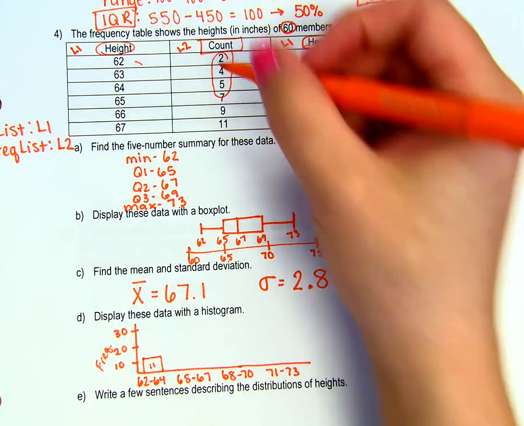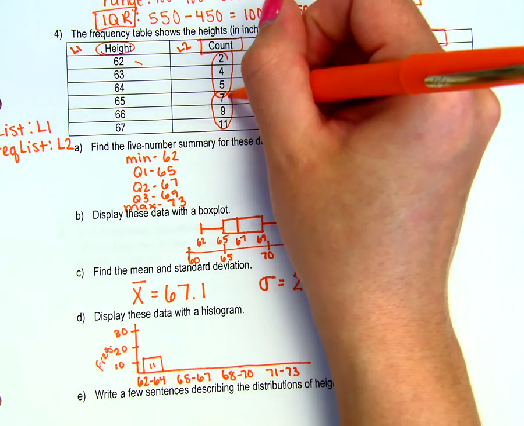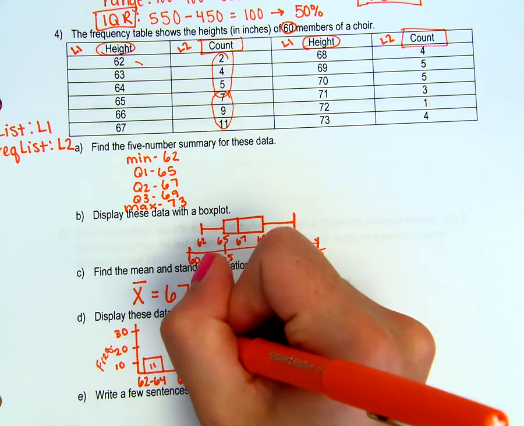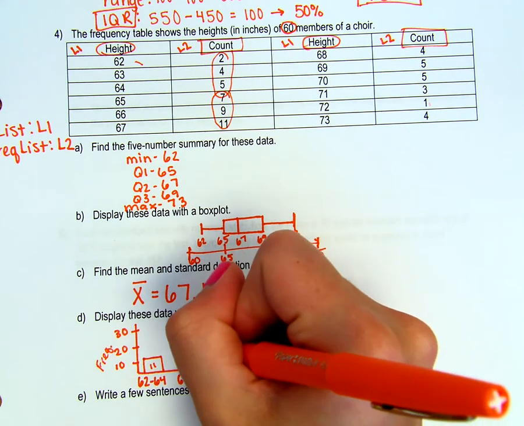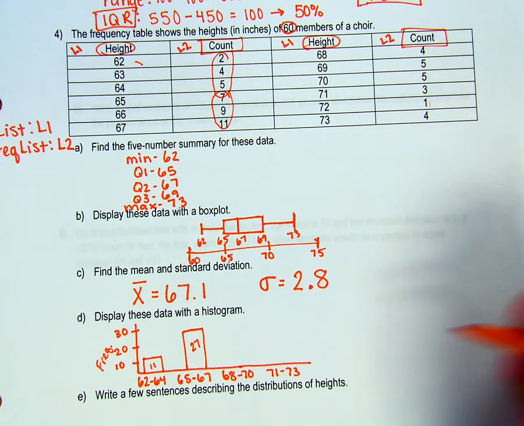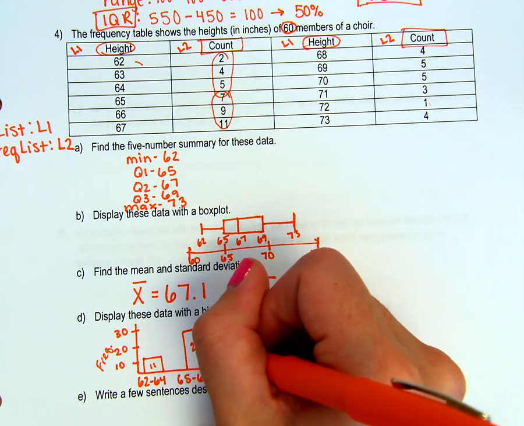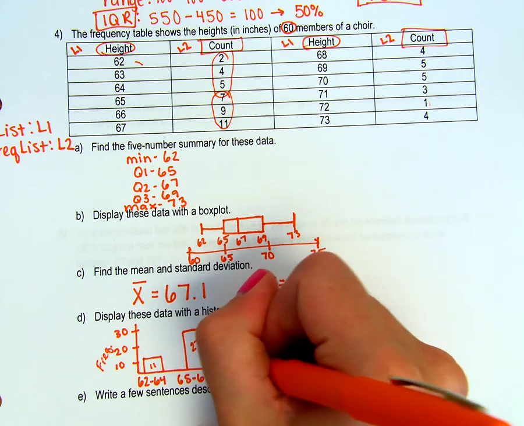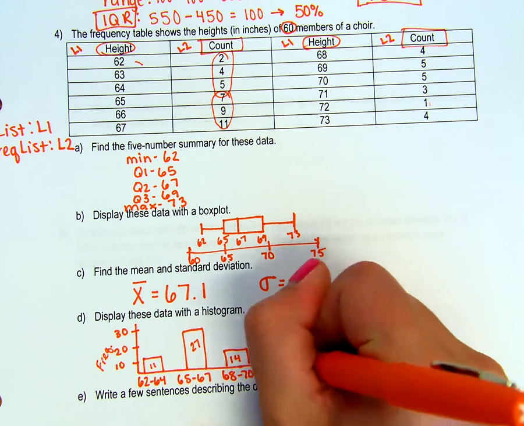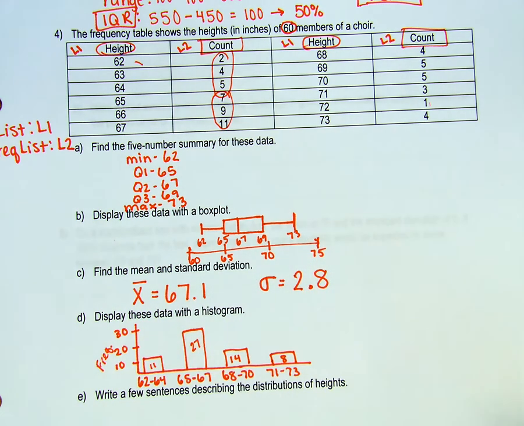Then it's 65 to 67, so we add up these numbers here. 7, 9, and 11 gives us 27. So we draw a bar up to here, and there'd be 27 in that range. And then so on for 68 to 70, which gives us 14, and 71 to 73 gives us 8. And that would be our frequency table.